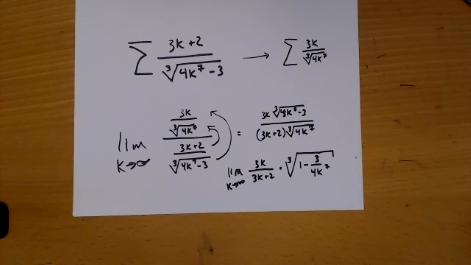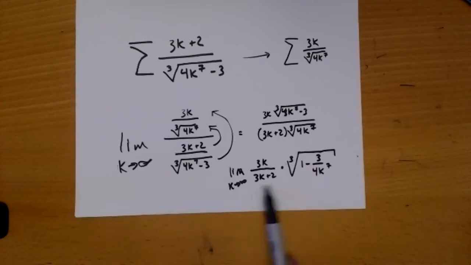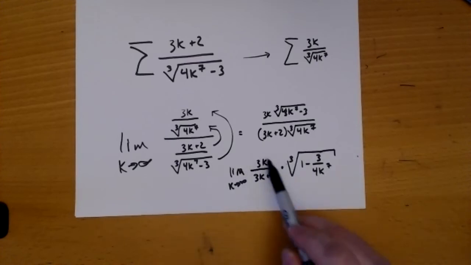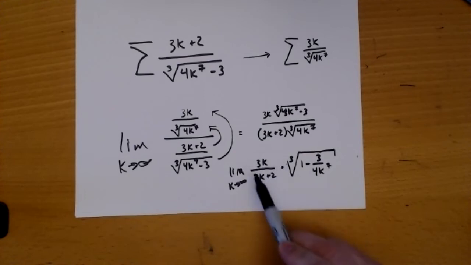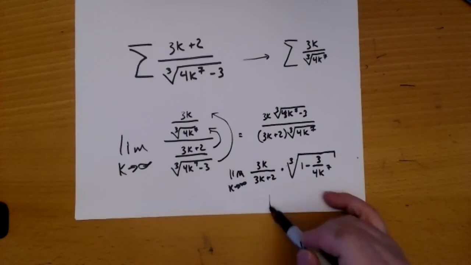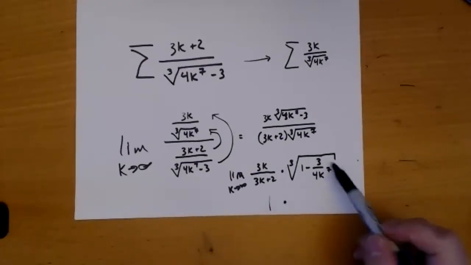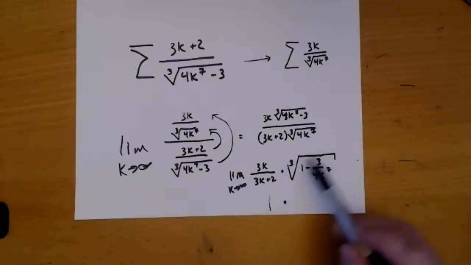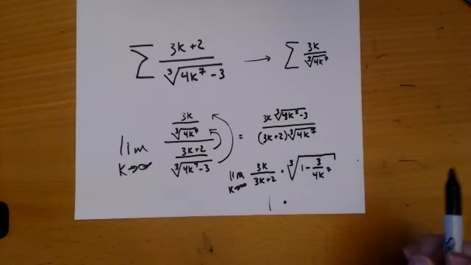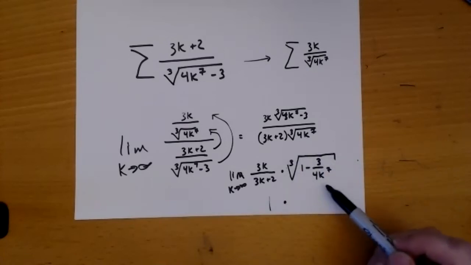So Connor, what happens when I take this limit? What does this go to? They go to 1. And what does the limit of this go to? I am not sure. Well, think about this.